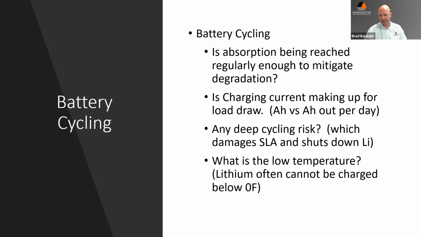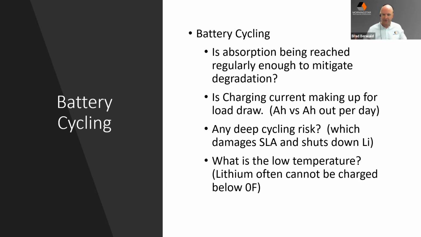In battery cycling, the question you want to ask, in the case of lead acid, is: is that battery getting a full state of charge on a regular basis? A partial state of charge for lead that doesn't get to a full absorption stage is going to degrade over time. So you want to make sure it's sized correctly. And is charging current making up for what the load is taking out? It's a standard concept.